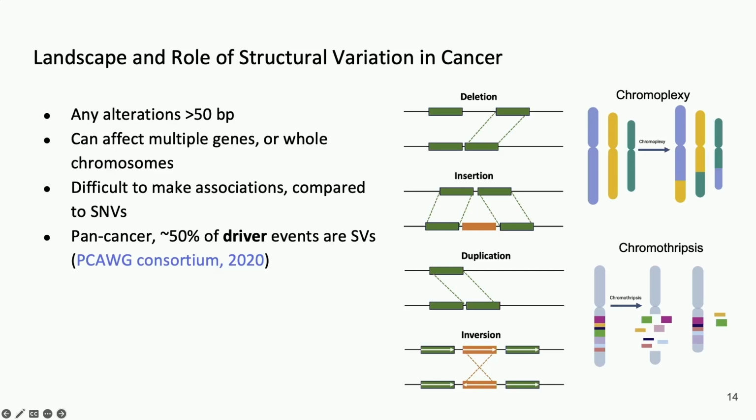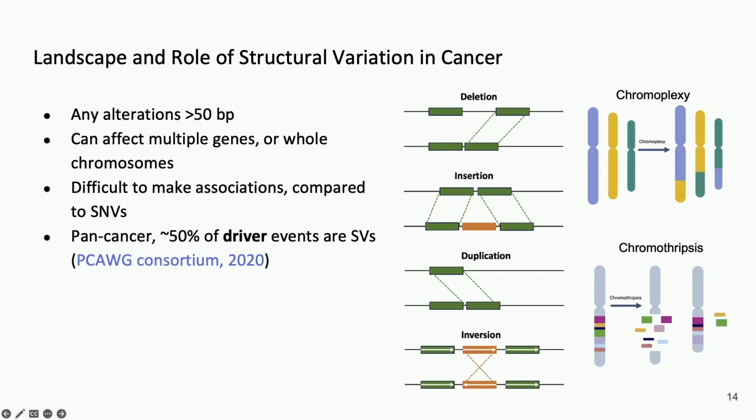On the pan-cancer level, we know that about 50% of the driver events overlap with structural variants, so that indeed makes it an important mechanism in carcinogenesis. Typically, on a population scale, when people talk about structural variants, they talk about insertions and deletions and sometimes inversions.